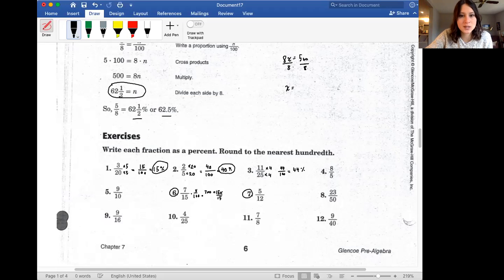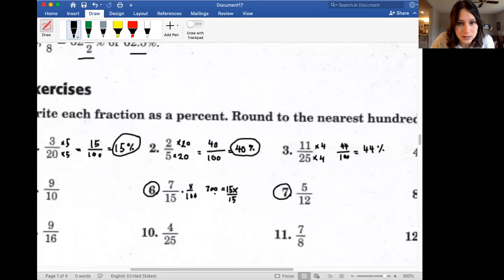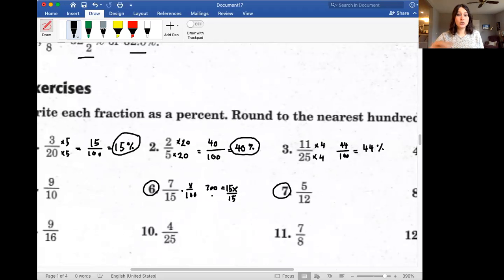So I'm going to divide both sides by 15. And then you can use your calculator on this. You don't have to do this by heart. So get your calculator out and just plug in 700 divided by 15. Oh, that gives me a decimal. So the number is 46.6 repeating percent. And that's my answer.